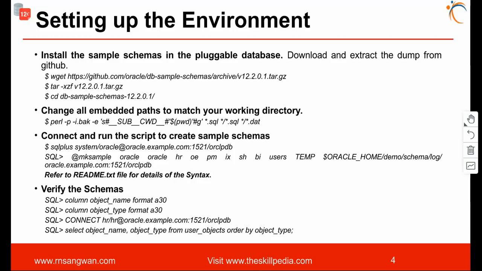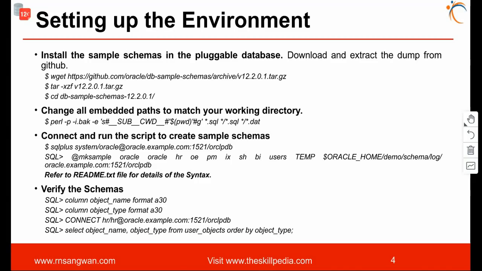extract it, change to the directory, and change all embedded paths to match your working directory using this command, and then connect and run the script to create the sample schemas. SQL*Plus system/oracle@oracle.example.com:1521/orclpdb, assuming that oracle.example.com is your host name and orclpdb is your PDB name.